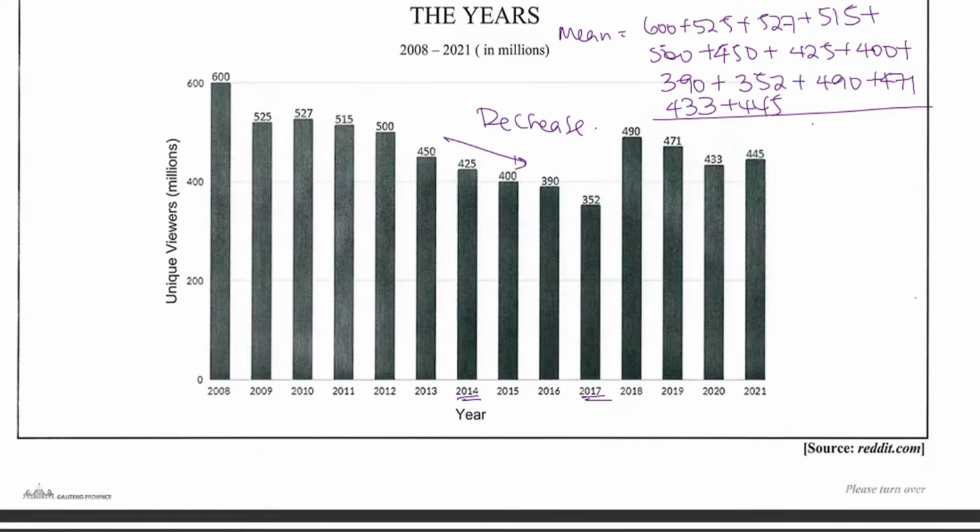Everything added up divided by 14 because there are 14 numbers. We have 1, 2, 3, 4, 5, 6, 7, 8, 9, 10, 11, 12, 13, 14.